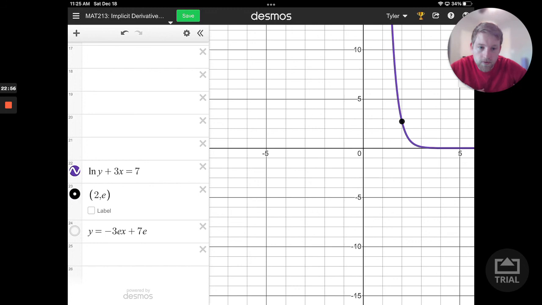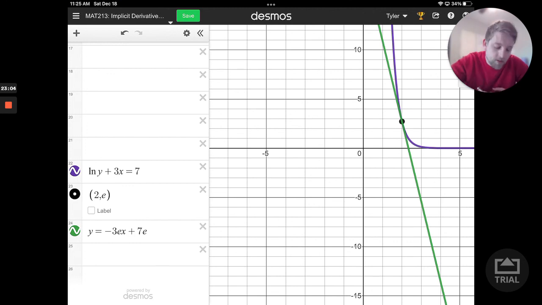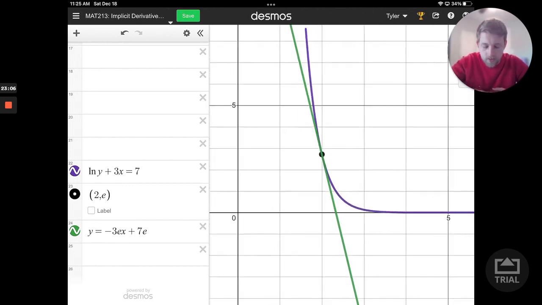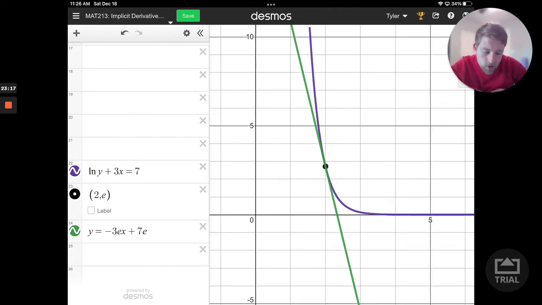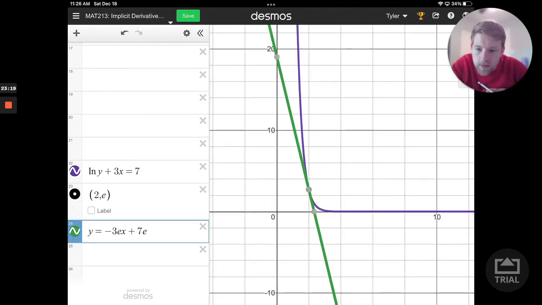Looks like we should have a negative slope again, which I think matches our equation. Let's see how we did. That's looking pretty darn good with the green tangent line and our purple function at the point 2 comma e. So that's just a visualization of the implicit equation and our tangent line to that.